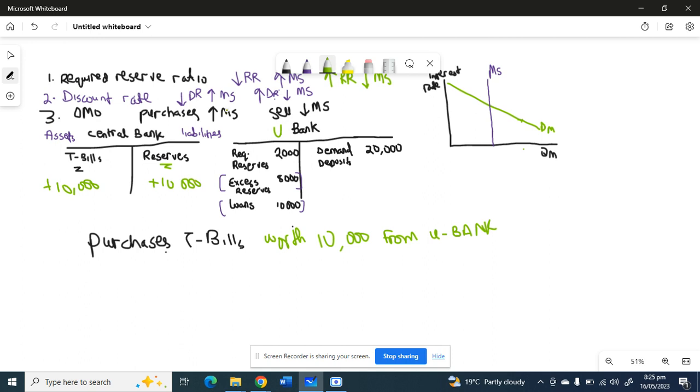On our graph here, this will be represented by a shift to the right. A shift to the right. So what happens is when the money supply increases, it means some banks have more money. The more money the banks have, the lower the interest rates that they're going to charge you.